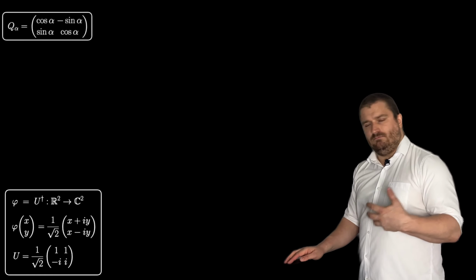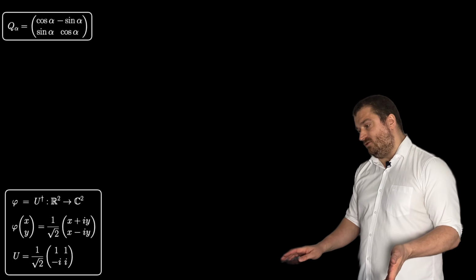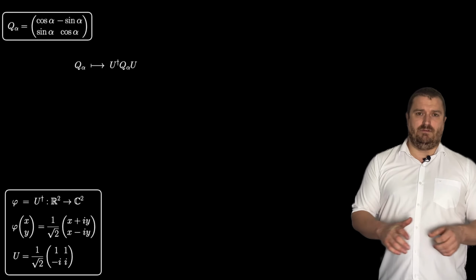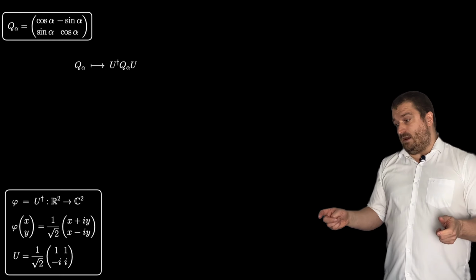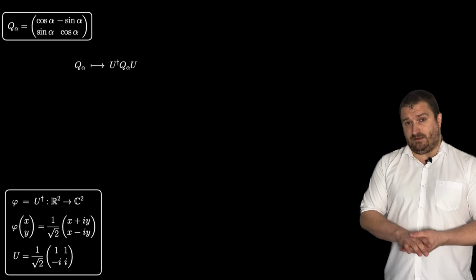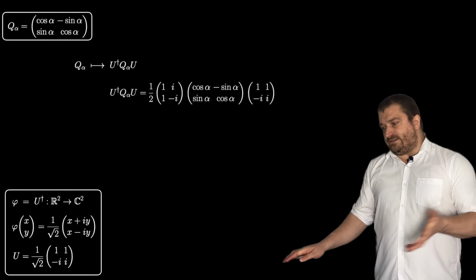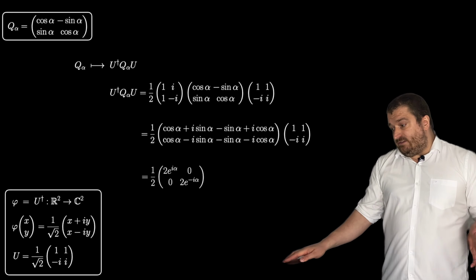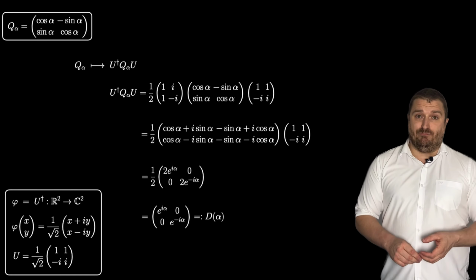Let's firstly look at our rotation matrix in the real representation. Under the similarity transformation, we can write out the unitary matrix and write out the full transformation explicitly in our matrix notation as follows. So let's go ahead and multiply it all out. And it simplifies really rather nicely to this block diagonal exponential form.